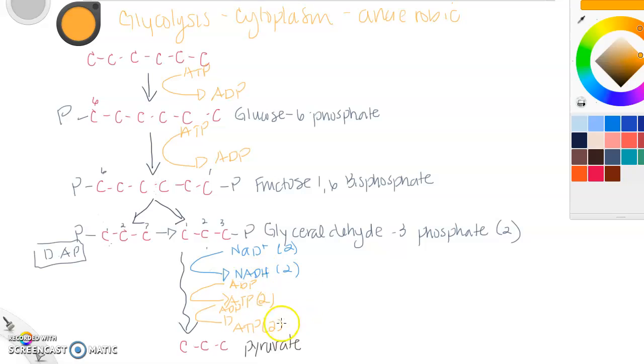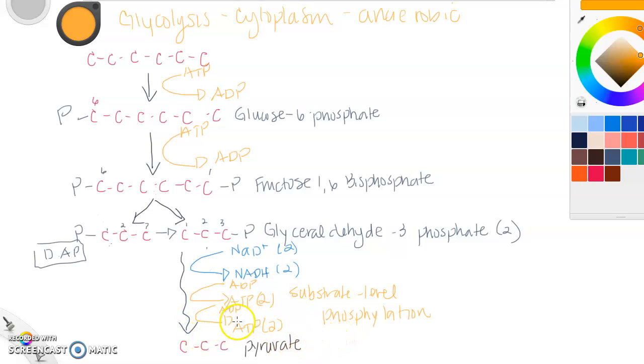This process, this ADP to ATP, is called substrate level phosphorylation. It's just the direct adding of the phosphate group to ADP to make ATP. And we do that twice here. So in the end, the phosphates are gone because they're attached to ATP, and we end up with this 3-carbon molecule called pyruvate.